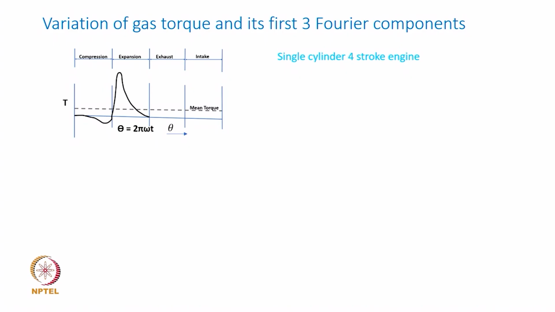So, I am going to take the case of a gas torque which we have seen in the initial introductory part of this periodic excitation, that this is an example where the gas torque is not a harmonic excitation to the crankshaft and therefore to the engine, and it varies approximately the way it is shown here, and we are talking of the case of a single cylinder 4-stroke engine, okay, wherein with a 4-stroke engine, this entire cycle of repetition will be finishing in 2 revolutions.